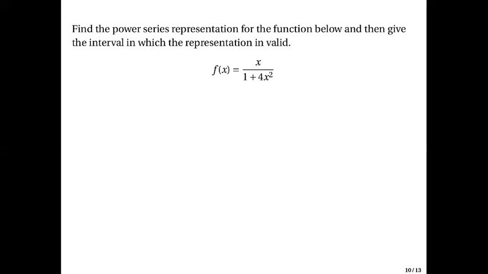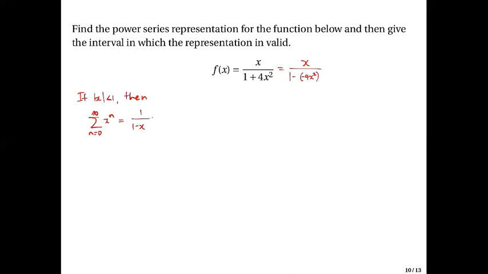For this example we again use the following. If the absolute value of x is less than 1, then we have the series x to the n from 0 to plus infinity, this is 1 over 1 minus x. So for this, we'll just need to write the minus part here so that this guy here can be written as x over 1 minus negative 4x squared. Okay?